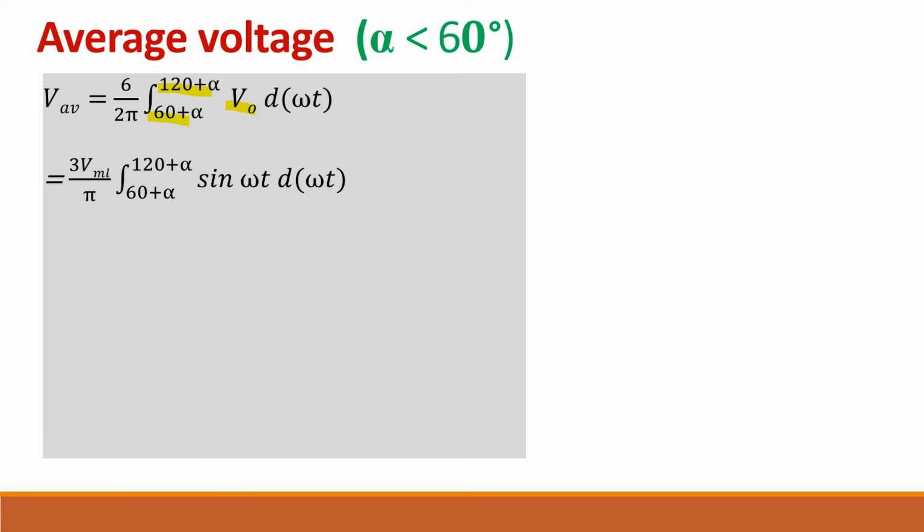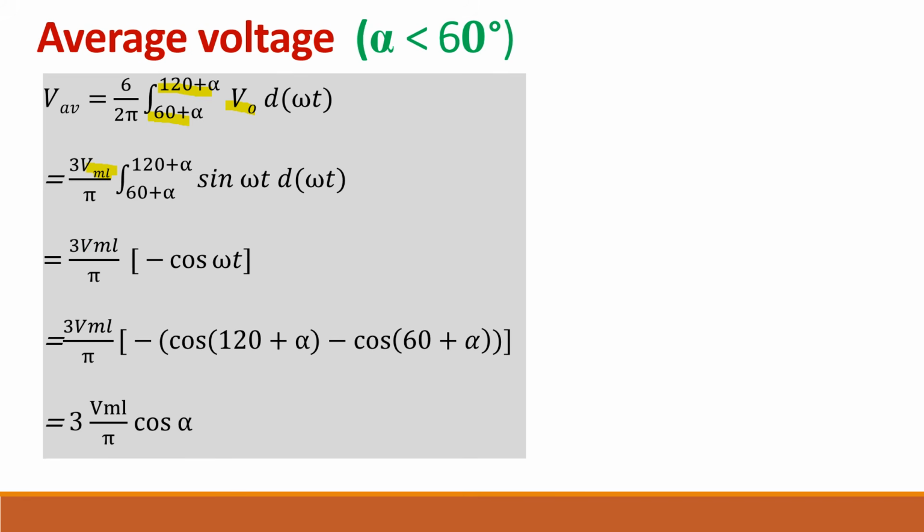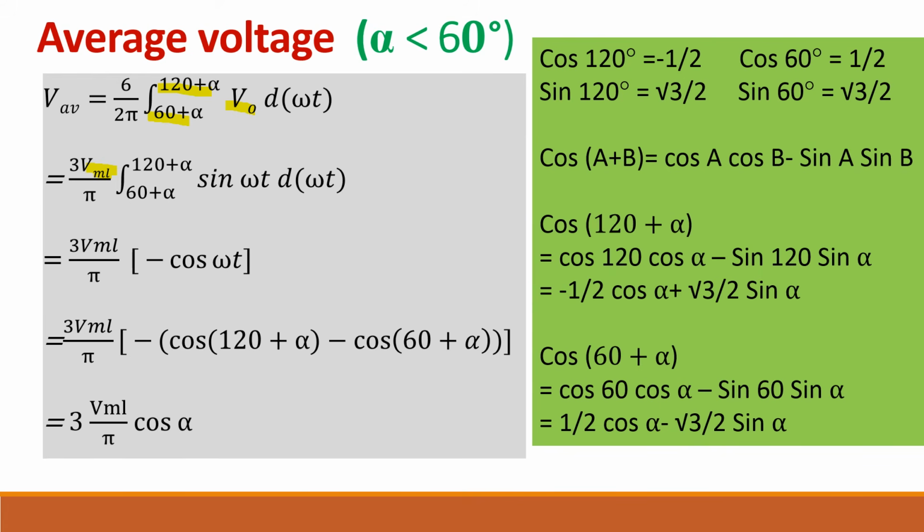So to represent line voltage I have taken VML. Instead of VM I have added an L to represent that it is a line voltage. So simplify this one, you will get 3 VML by pi times cos alpha. So these are the formulas to substitute and get this value.